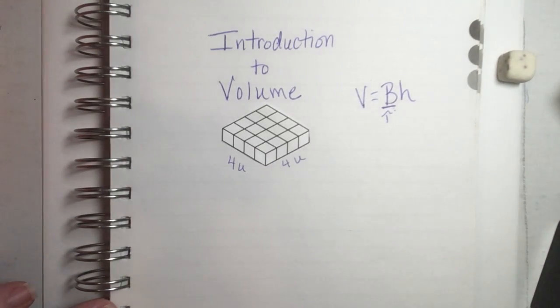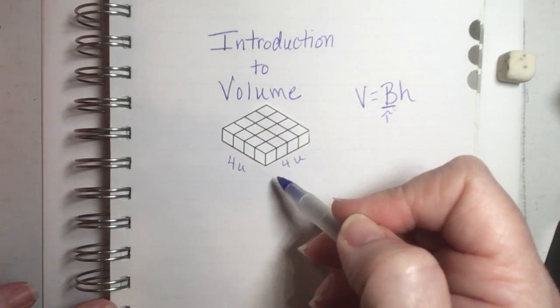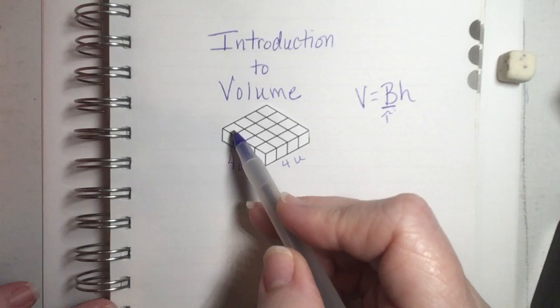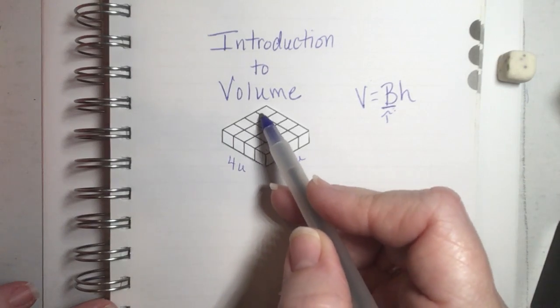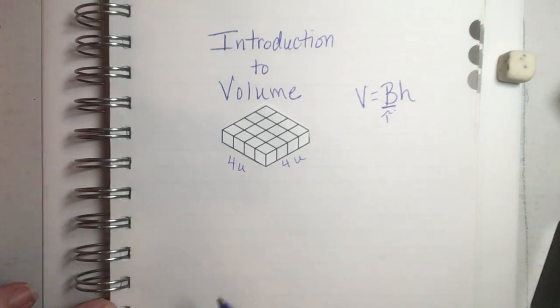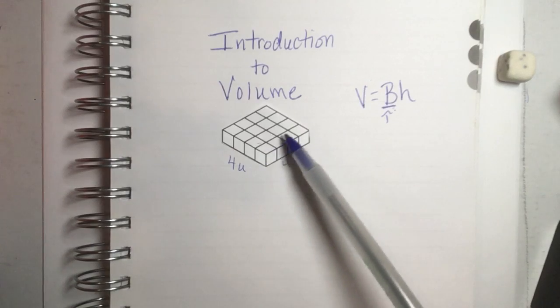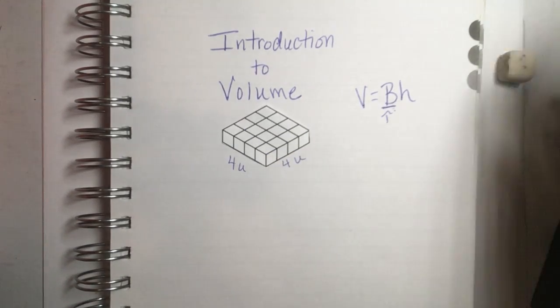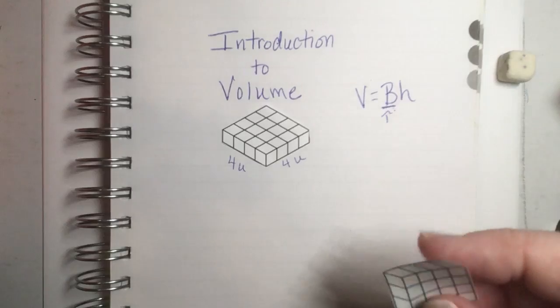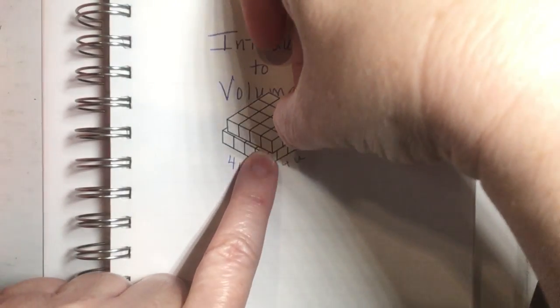Well, what would the area of the base of that be? The area is 16. You can see the 16 squares there. It's equivalent to the 16 cubes that fit. So that's why we use the area of the base, because it's going to tell us how many cubes fit in that bottom layer. Then we're going to take the area of the base and multiply it times the height of our shape.